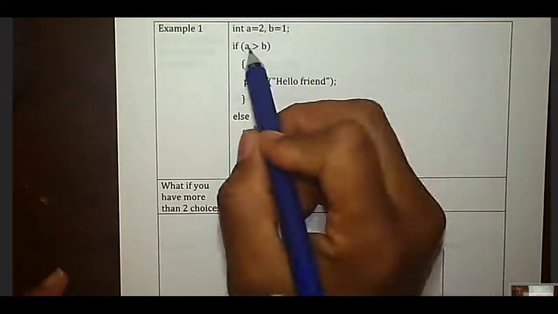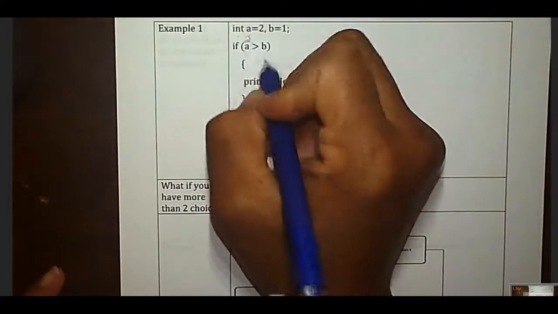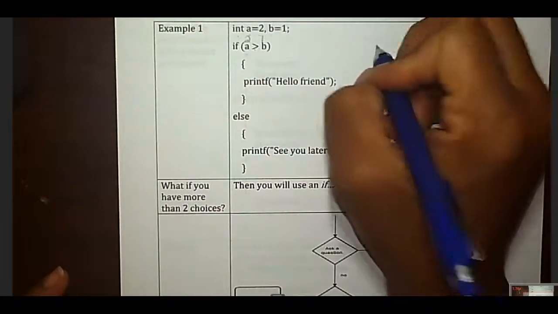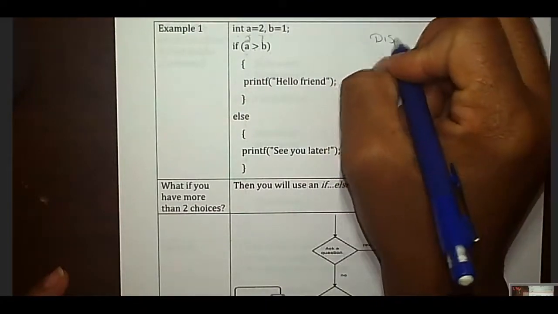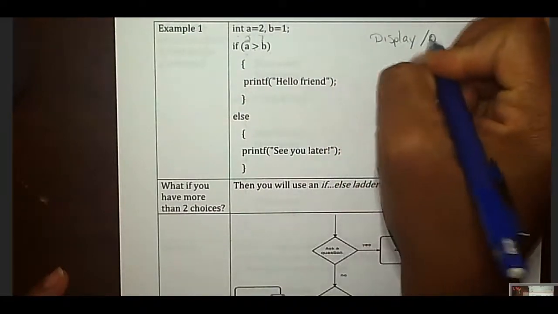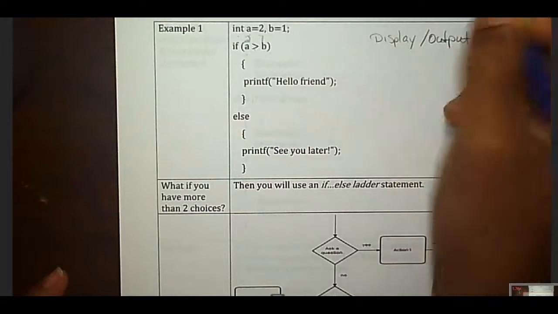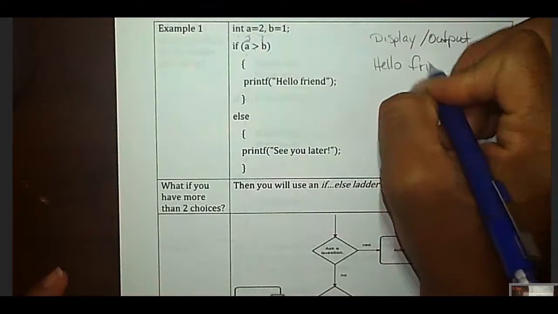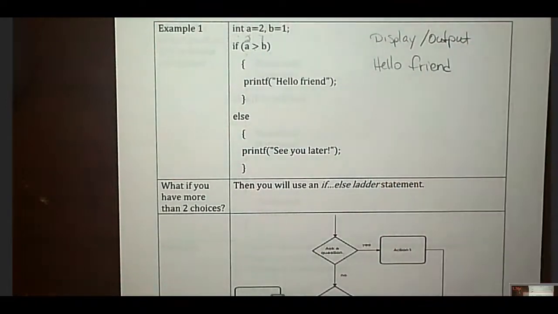So let's go through. A is 2, B is 1. 2 is indeed greater than 1, so your display or your output will be, hello friend. Okay? But what if we changed it?